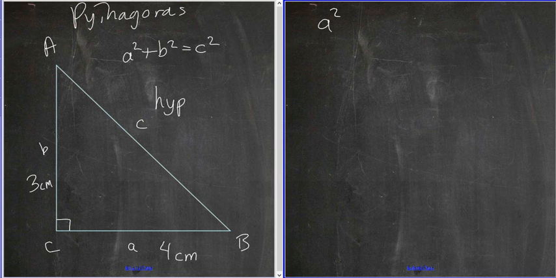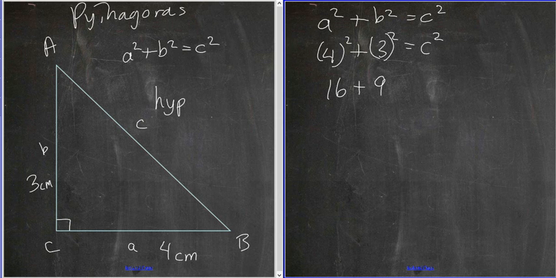Given that a squared plus b squared equals c squared, our a is 4 centimeters. So that's 4 squared plus 3 squared equals c squared. 4 squared is 16. 3 squared is 9.